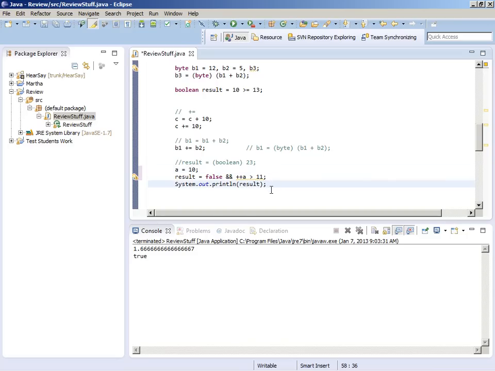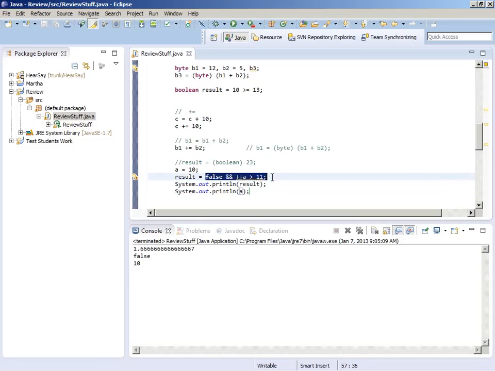Okay, so we're going to print out 2 things. Well, false is false. We know that. False and anything is false. So here's the question. Did we increment A by 1? So we put 10 into A.